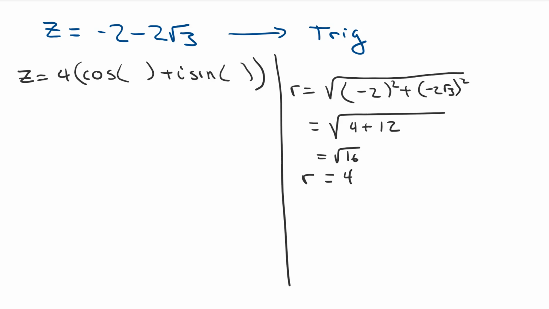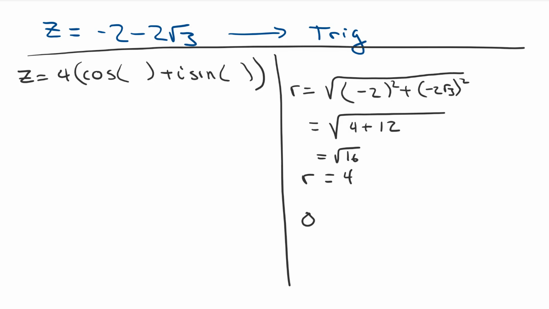So the only thing we're left having to find now is our theta. Okay. Theta is equal to inverse, oops. I'm sorry, I'm going to write it the way your book has it. Tangent of theta is equal to our b, negative 2 root 3, over a, negative 2.